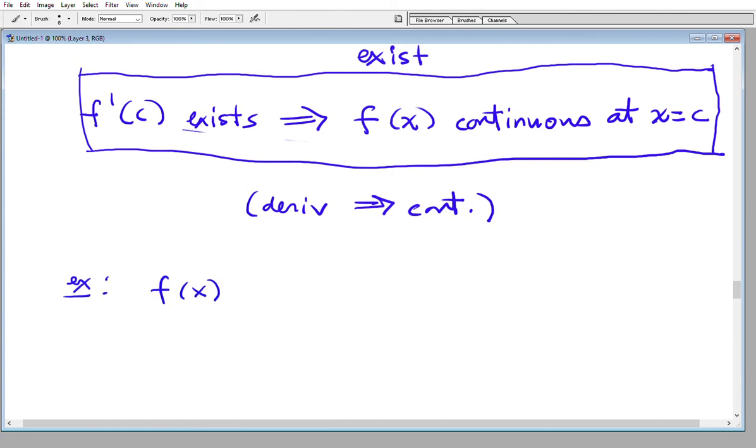Here, this function, x to the 2/3. Okay, I'll graph it. This is what it looks like. It comes to what I call the cusp, C-U-S-P. That's the graph. All right, and we'll show that f prime of 0 does not exist.